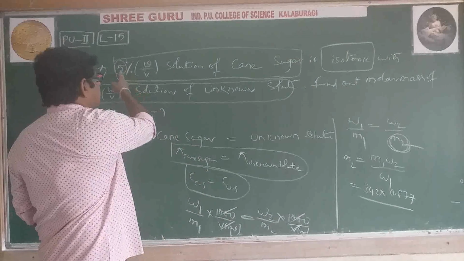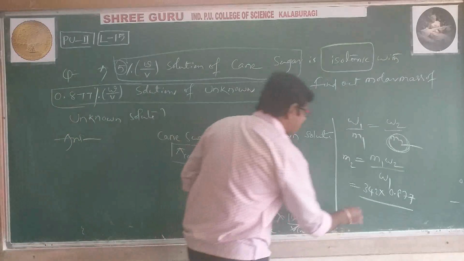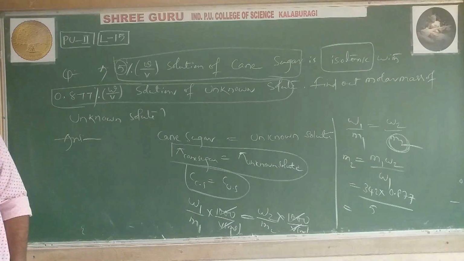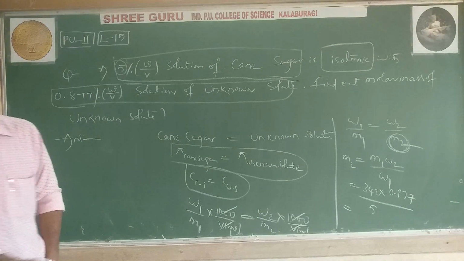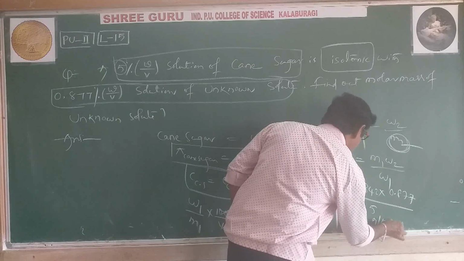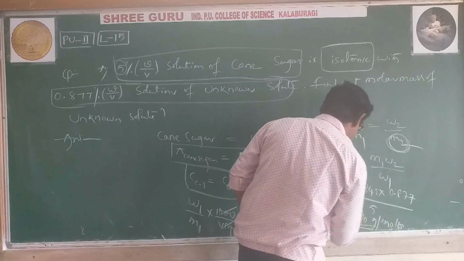Who is the first sample? Cane sugar, 5 grams. If you do the simplification, you will get a molar mass of 60. That's it. 60 gram per mole is obtained. This is your answer, M2 equal to this.